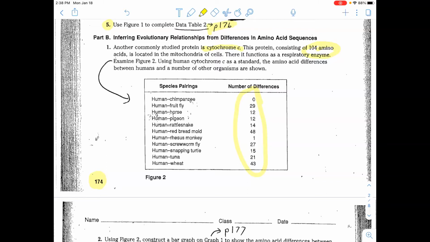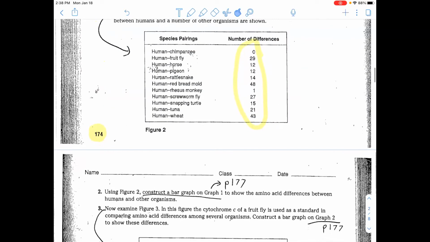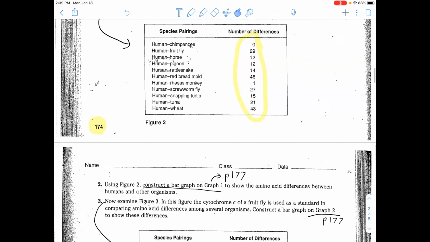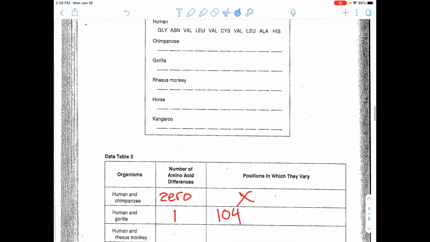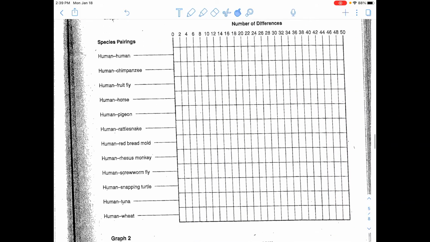We are now going to make a bar graph on page 177 to compare these. Human and chimpanzee was a 0 difference again. So if I go to the bar graph here, human to human, well, that's going to be a 0, right? And human to chimpanzee was a 0.